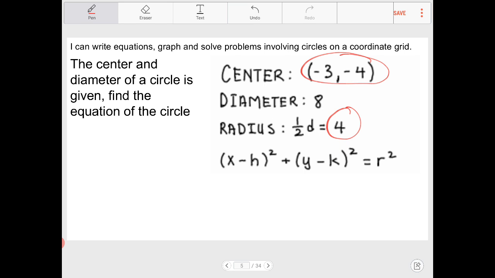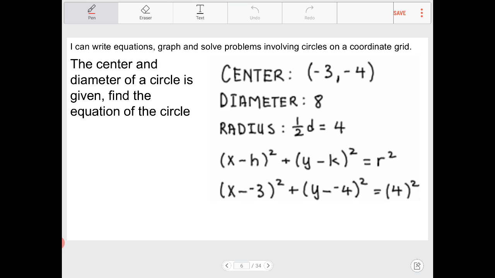And what I will end up with is x minus negative 3, quantity squared, plus y minus negative 4, quantity squared, will equal 4 squared. And actually, you can leave your answer like this, but I decided to clean it up a little bit to make it a little nicer. So again, the coordinate is negative 3, negative 4. Notice what happens inside of the parentheses here. It becomes plus, right?